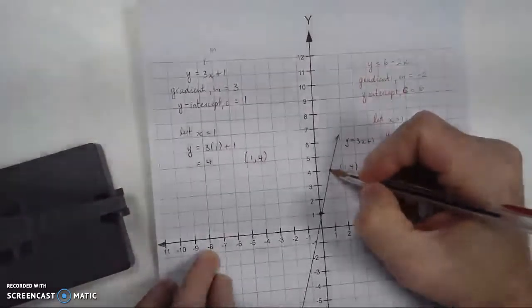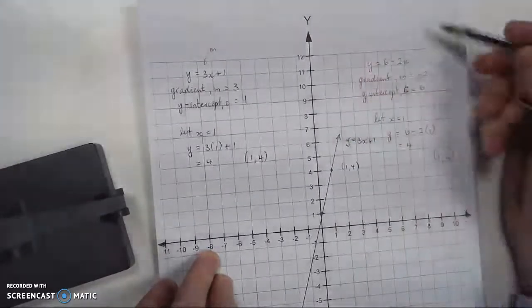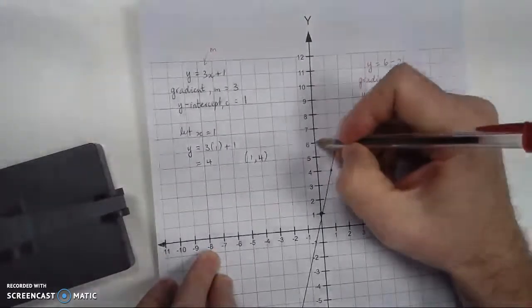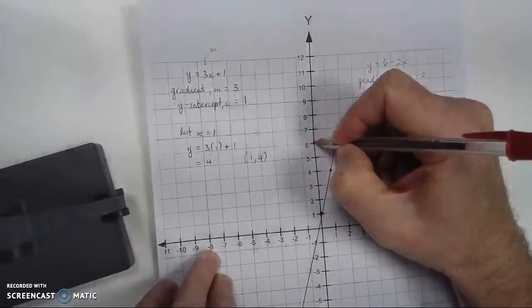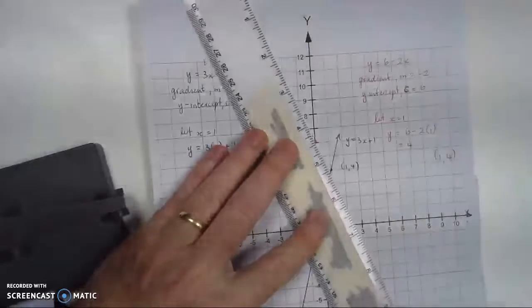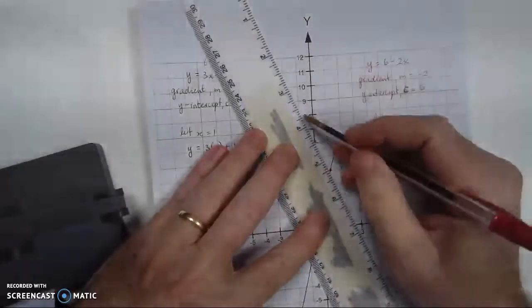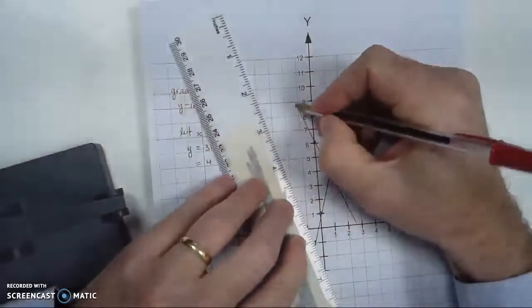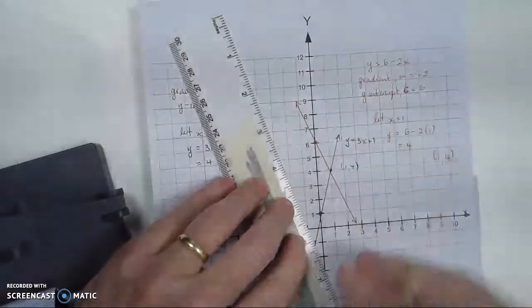So we're going to have that same point here, but this time the y-intercept tells us that we've got the y-axis being intercepted there, and we're going to have our line passing through here.